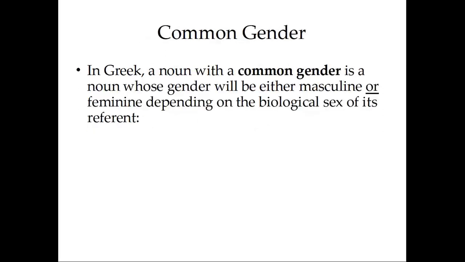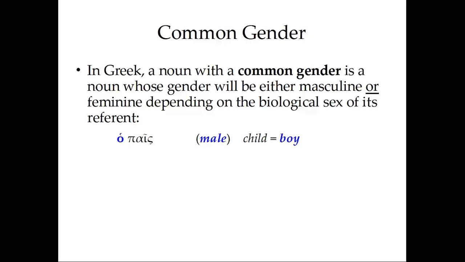Now to a different topic. In Greek, a noun with a common gender is a noun whose gender will be either masculine or feminine, depending on the biological sex of its referent. For instance, ho pais, this would be a male child, because the definite article tells us that we're dealing with a masculine object or thing.